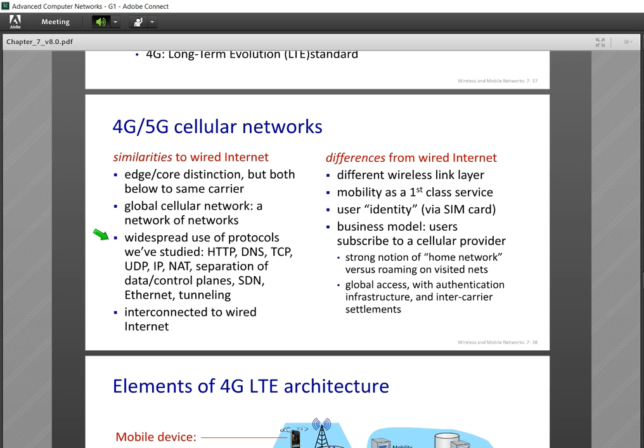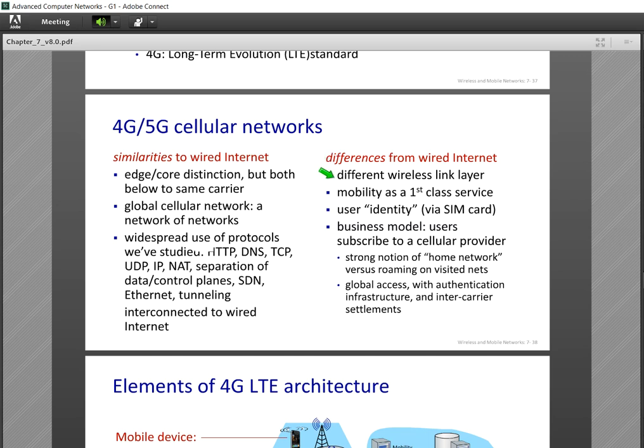Both in 4G, 5G cellular networks and in wired networks, the backbone is IP. And both wired and wireless technology are connected to the internet via a wired backbone. But what is the difference between a wired network and a wireless cellular network?